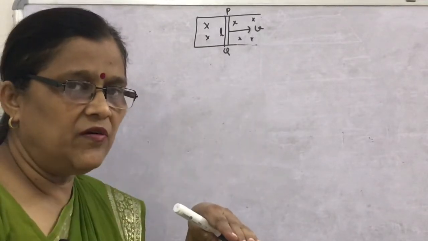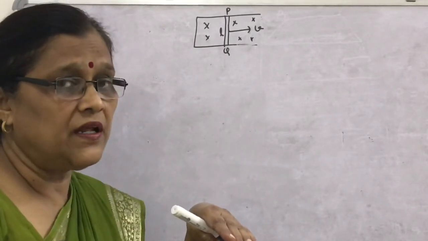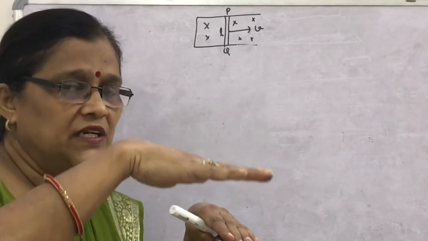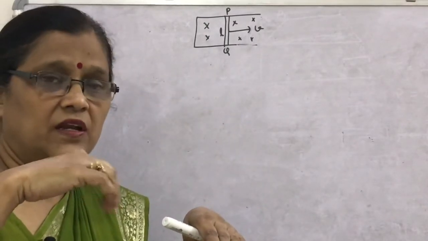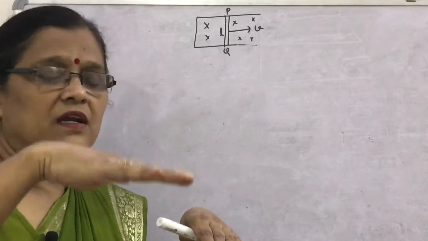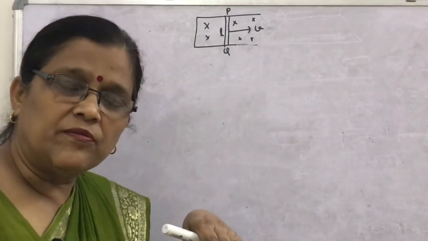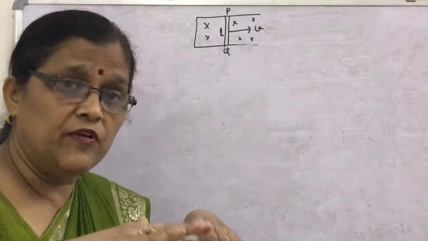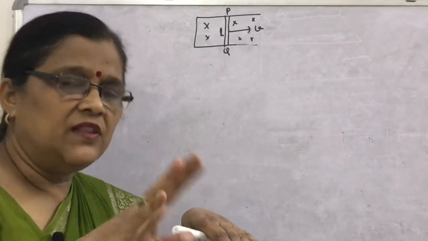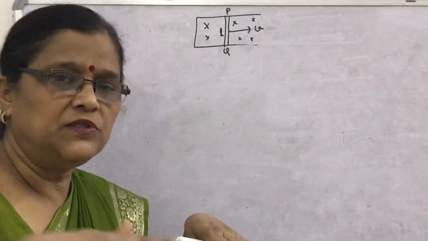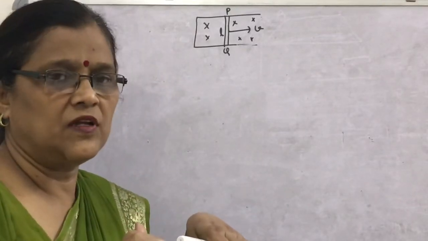And if it is landing down, what will happen? If its wings are in the east-west direction, then they will cut the horizontal component of Earth's magnetic field. The motional EMF will be produced, and if the wings are in the north-south direction, then no motional EMF will be produced across the wings.